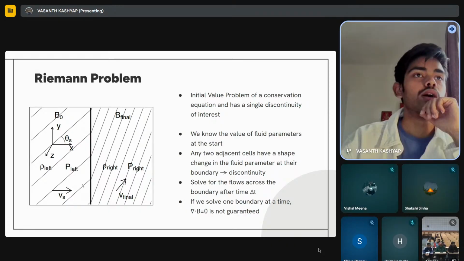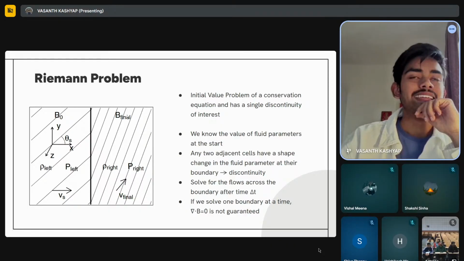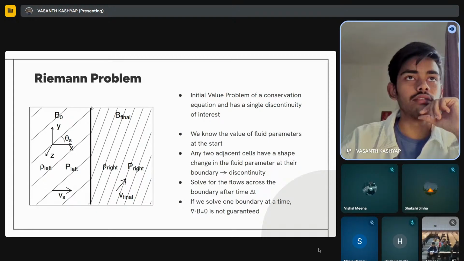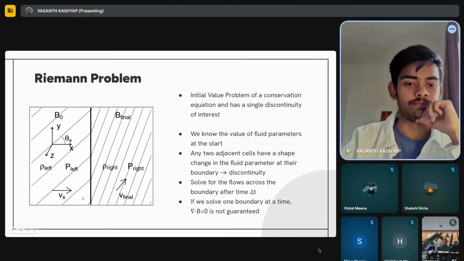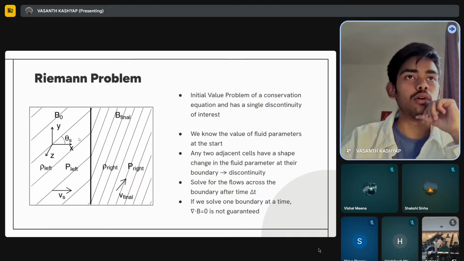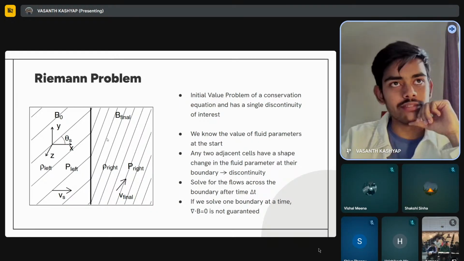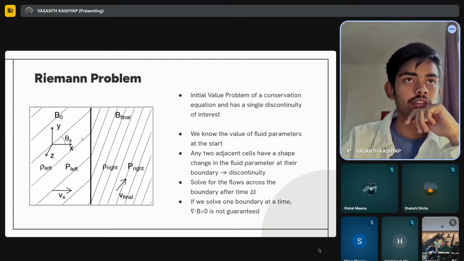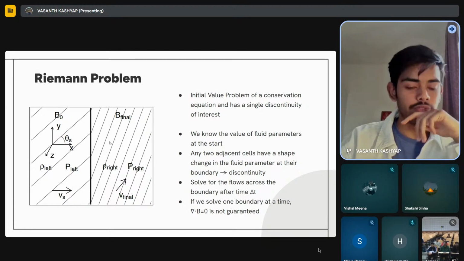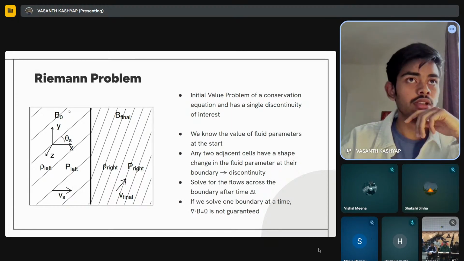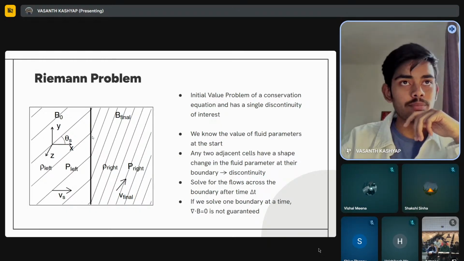So now let's say we take the magnetic fields and solve them at this boundary. We ensure the amount of magnetic field that is coming into this boundary is the same as the magnetic field that is leaving this boundary. If we were to do that, it is not sufficient because what happens across this boundary is dependent on all other sides.